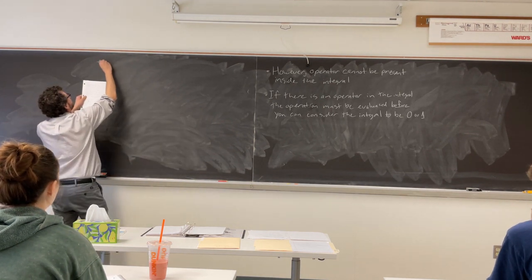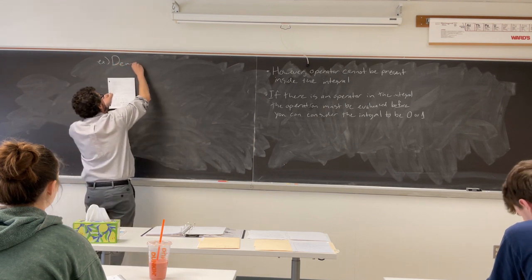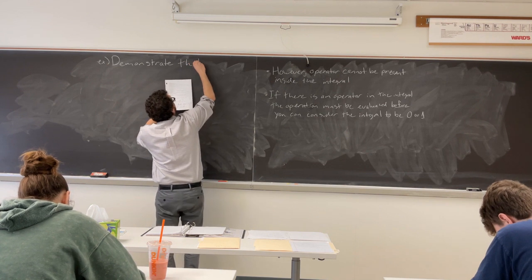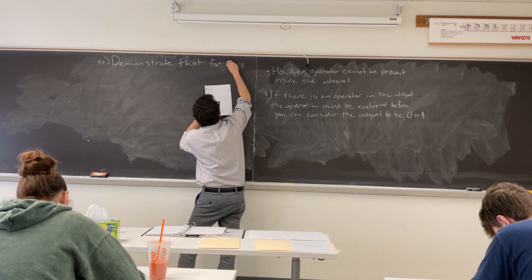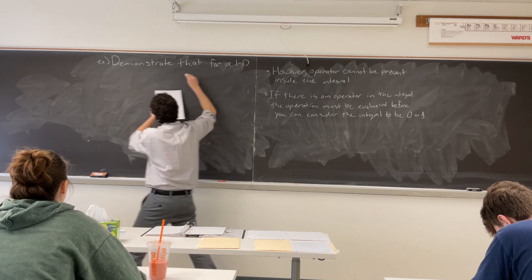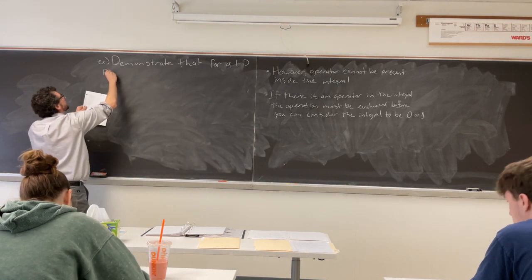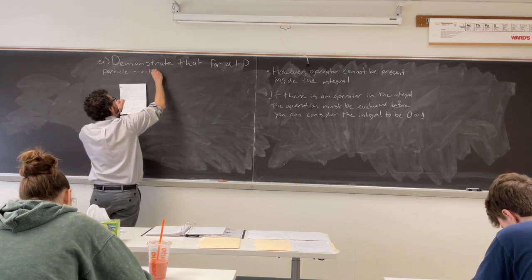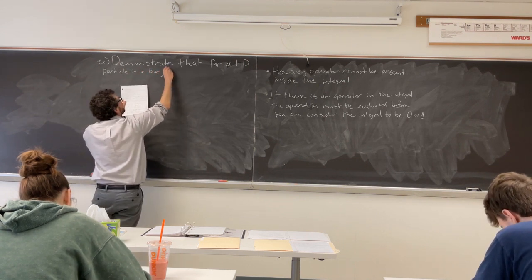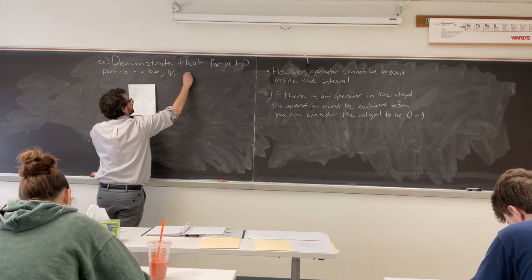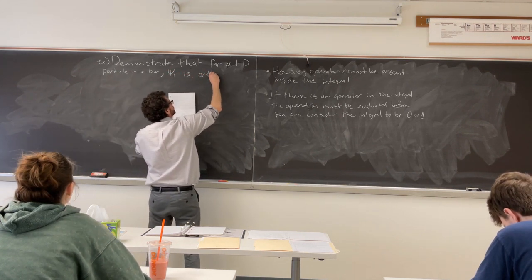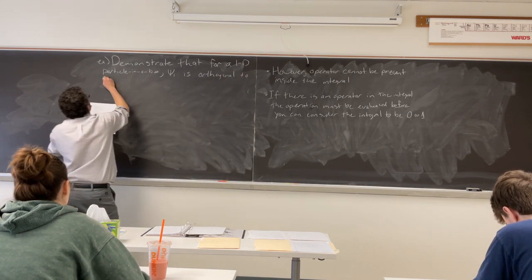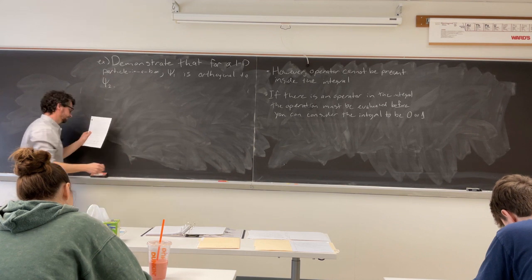So, example: demonstrate that for a 1D particle in a box, psi sub 1 is orthogonal to psi sub 2.